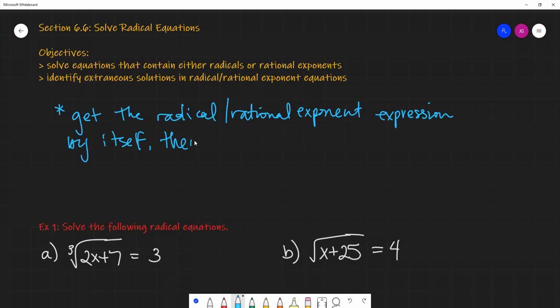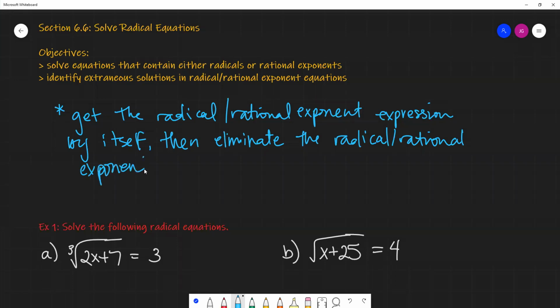And then eliminate the radical or the rational exponent. Okay, and we'll see what that means here, right, with our first example.